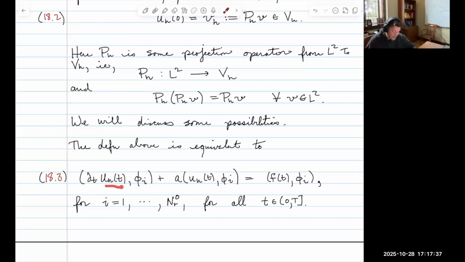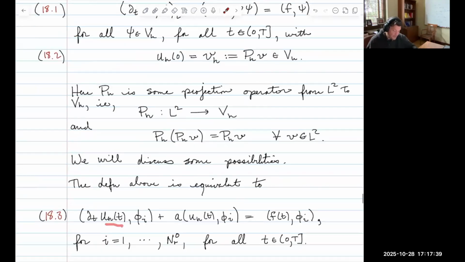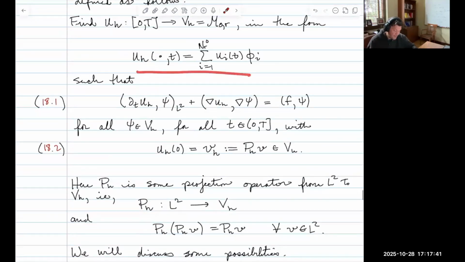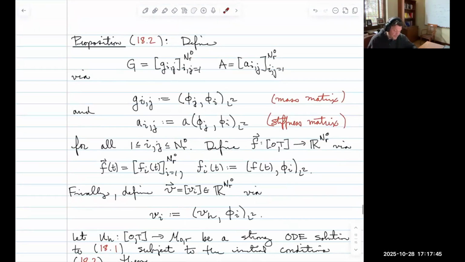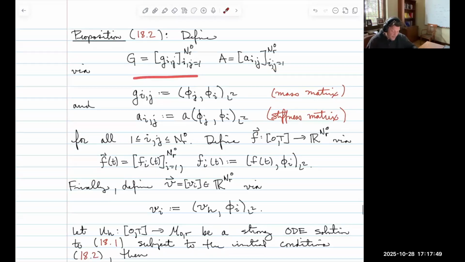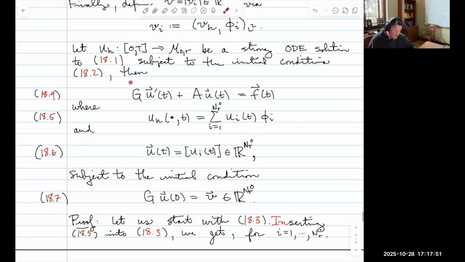So then if I put in the form of this solution, what it is exactly from here, and start doing some manipulations, introduce these definitions. This one we've seen before, this is new. Then I can show that my Galerkin approximation results in this vector differential equation. But this vector differential equation is just a linear system of ordinary differential equations.